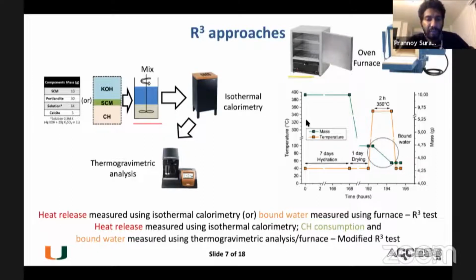So there's several different ways of doing it. But ultimately, in the R3 test, heat release or bound water are measured. In the modified R3 test, heat release is measured, and so is calcium hydroxide consumption. And instead of the heat release, you can also measure the bound water.